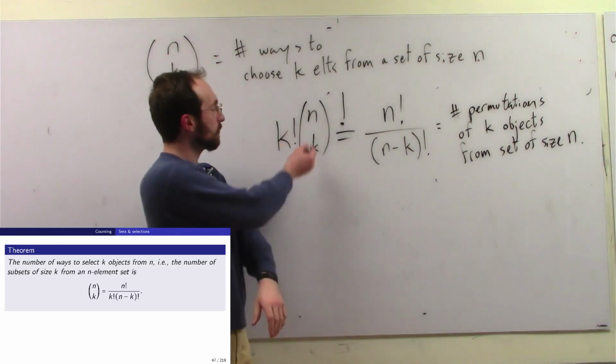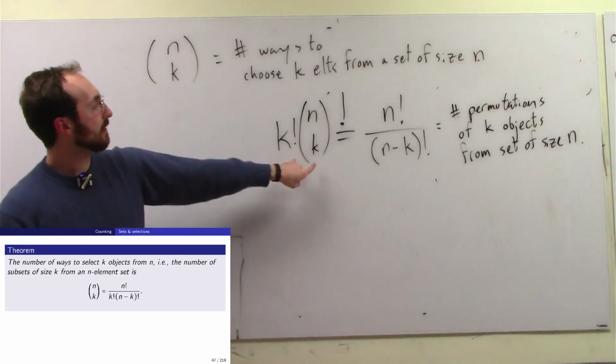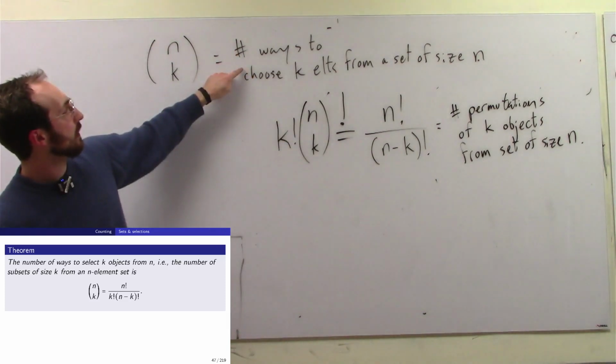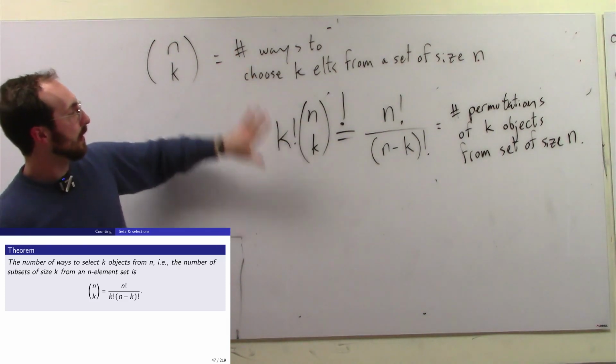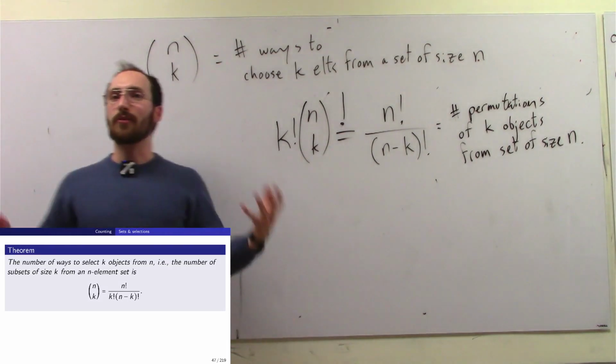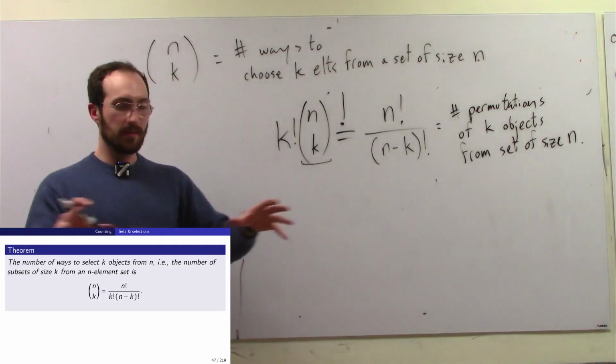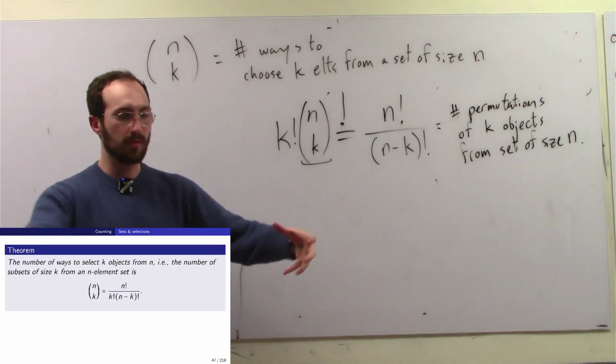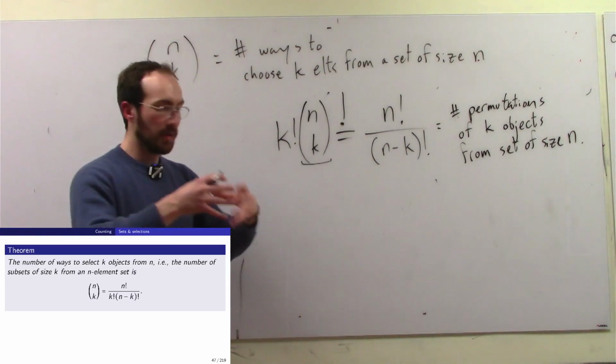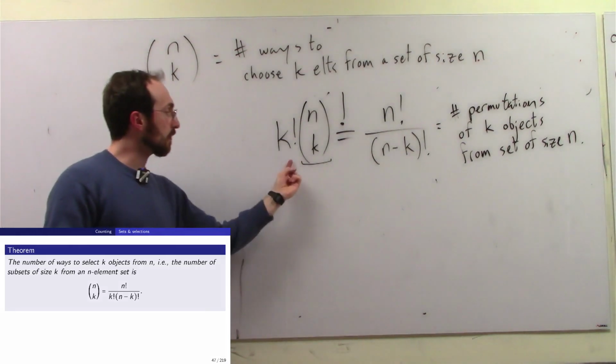So, n choose k, what is that? Well, that counts the number of ways to choose k elements from a set of size n. So this will give us our alphabet. We have n elements, and I'm choosing this pool of k. There are n choose k ways to do so.